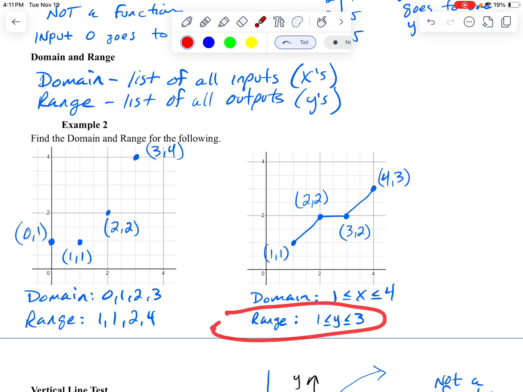Range is very similar, but now we're going up and down because this is a y value of 1. We're going all the way up to a y value of 3, and again, we've got everything in between covered as well. So the range is all of those y values greater than or equal to 1 and less than or equal to 3.